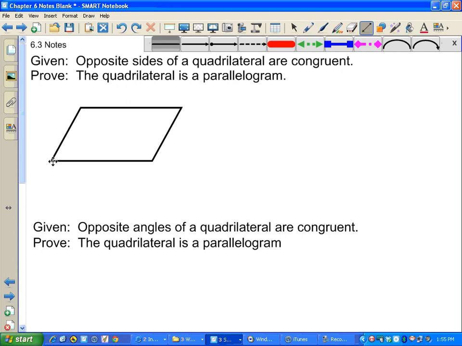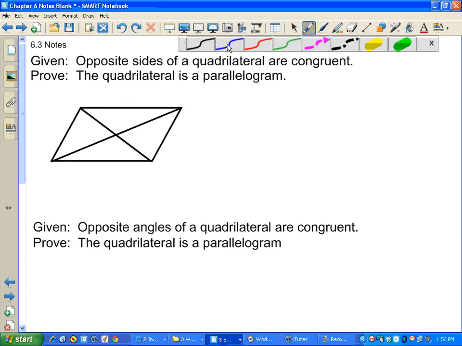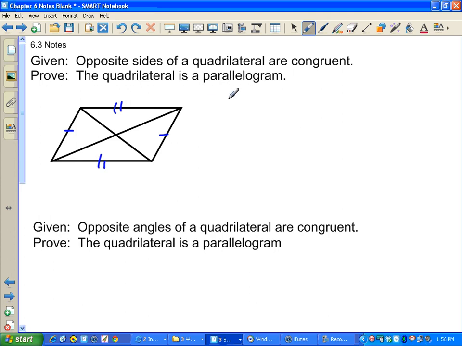And what we're going to be using here is some diagonals in order to finish this proof. Okay, so I'm going to put both my diagonals in here. Now, what I'm given is that opposite sides are congruent. So that's going to be my given, the first thing I start with.